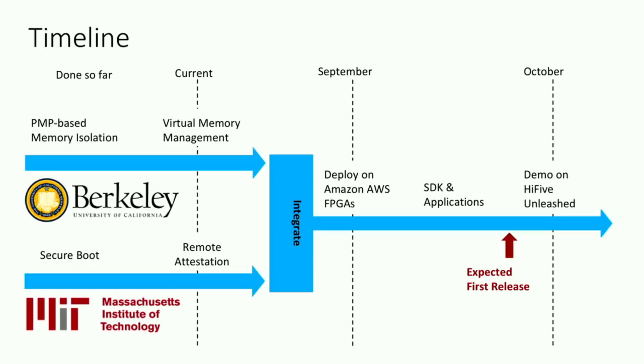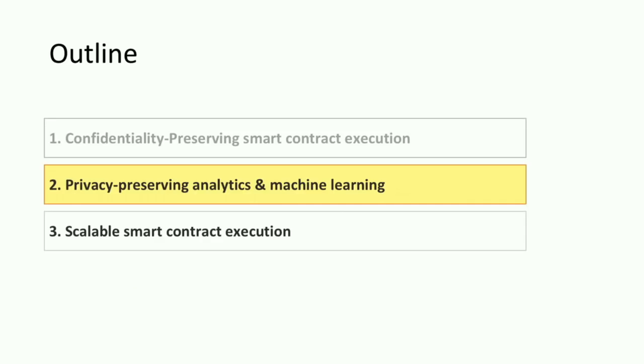We plan to have a first release this fall, both deployed on FPGA, as well as on a demo chip on the HiFive Unleashed, the RISC-V chip. So that's the first component technology, confidentiality preserving smart contract execution. Let me then also quickly talk about the second component technology, for privacy preserving analytics and machine learning.